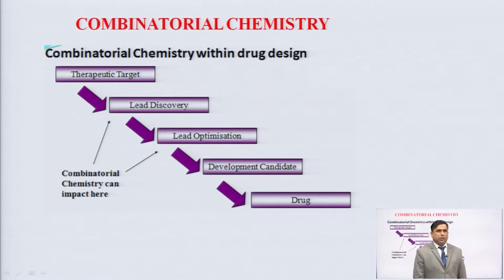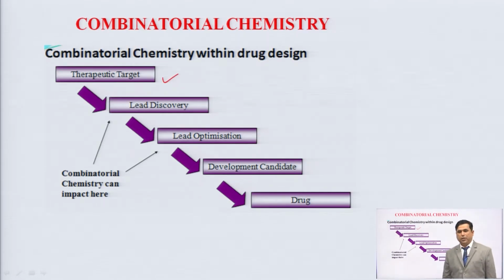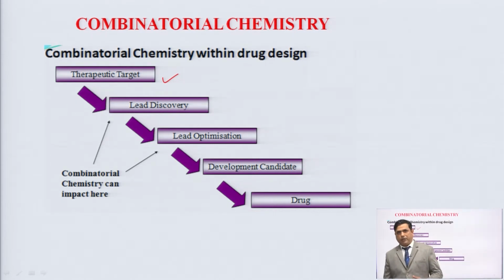Now, where is combinatorial chemistry involved within the drug design and drug discovery process? In the drug discovery process, the first thing is the therapeutic target. From where can we obtain this therapeutic target? If the disease is new, we can isolate the target.